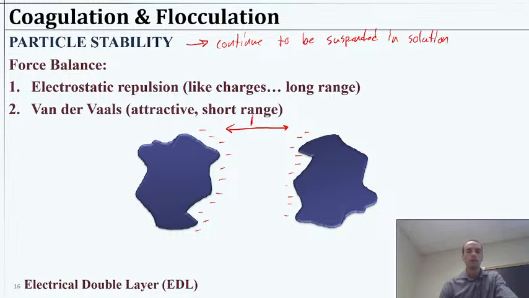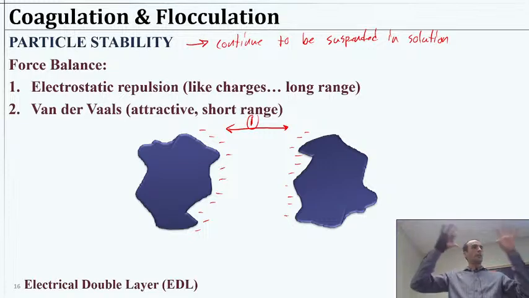I'll label this as 1 there. Another force, or really a set of forces, is what we call the van der Waals forces. These are a mixture of a variety of atomic level interactions that can cause molecules, atoms, particles to attract to one another. But the deal is this happens at a very short range. These include things like the electron clouds around the atoms, around the molecules.